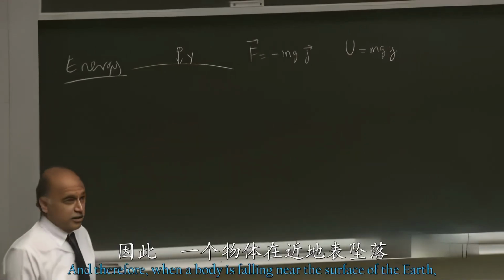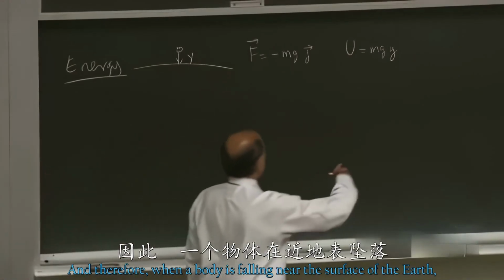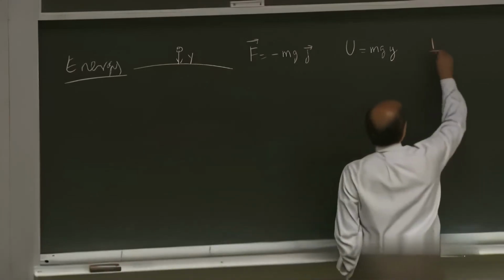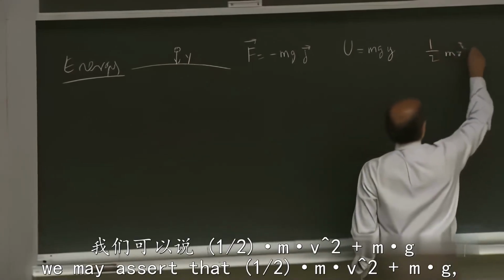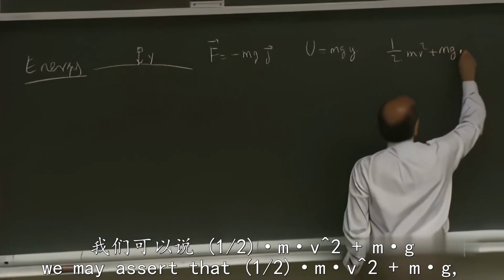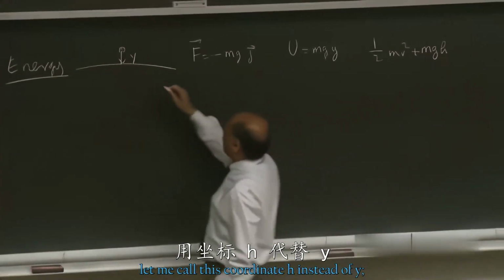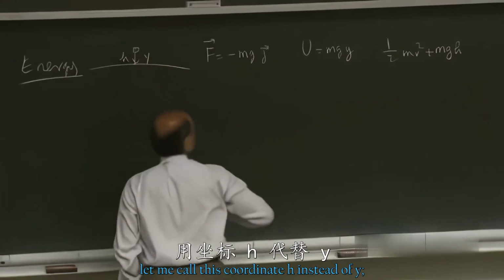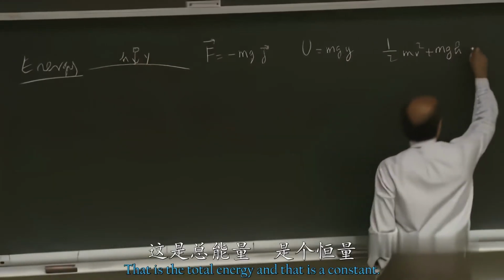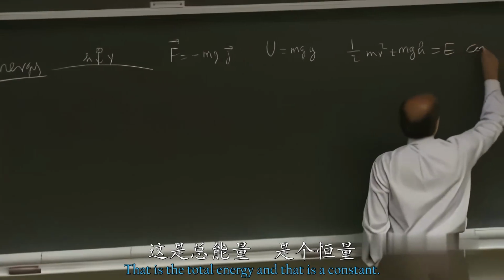That's the potential energy, and therefore when a body is falling near the surface of the Earth, we may assert that 1/2 mv squared plus mgh, let me call it height h instead of y, I don't think it matters too much, is the total energy, and that is a constant.